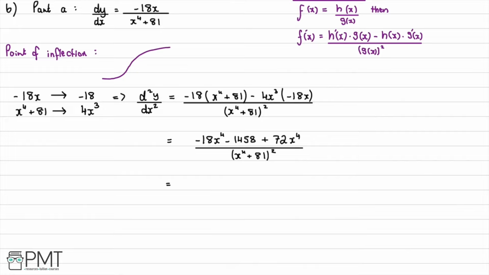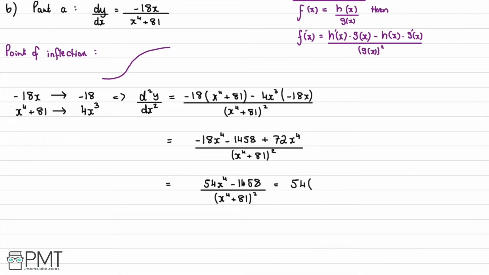So we can simplify this a little bit further. So we're going to have 72 minus 18, which is equal to 54x to the power of 4, and then we're going to subtract 1,458, and then we're going to divide everything by x to the power of 4 plus 81, and that's all to the power of 2. And then what we can do is take out a common factor of 54 to get our x to the power of 4 term on its own.